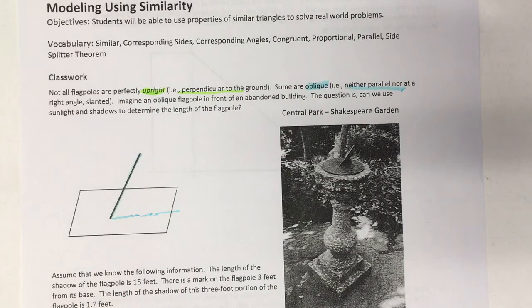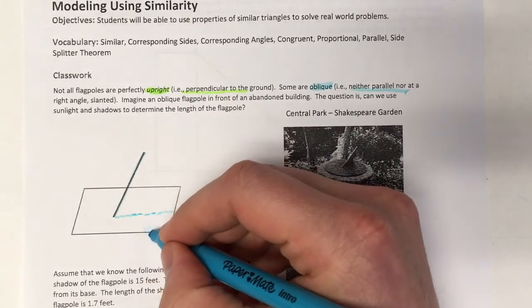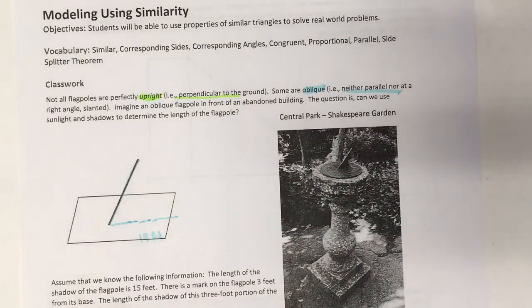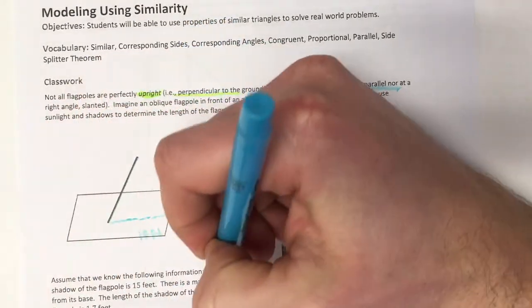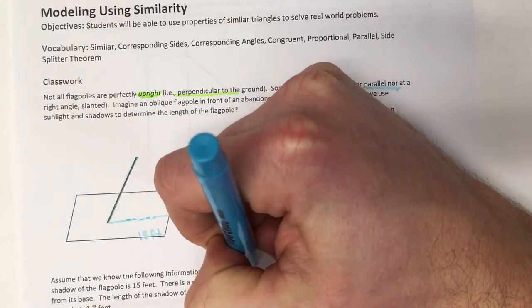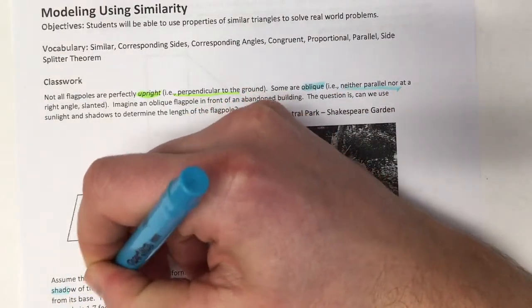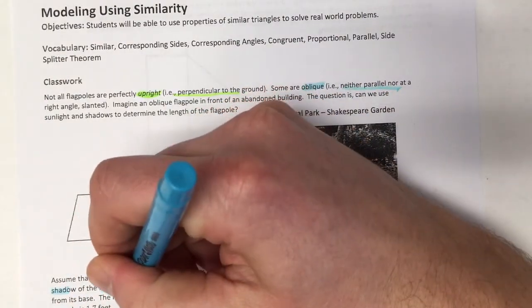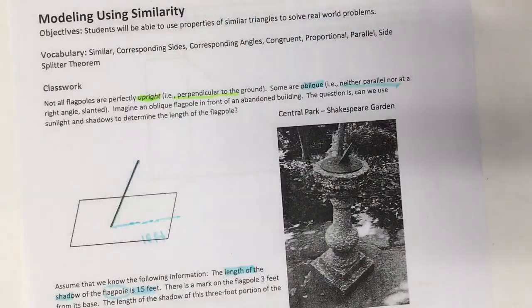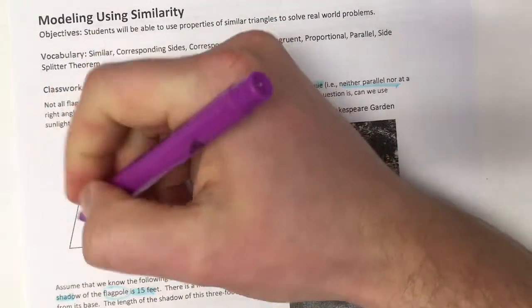Assume that we know the following information. The length of the shadow of the flagpole is 15 feet. There's a mark on the flagpole 3 feet up. So they're basically saying that I've identified this spot on the flagpole.